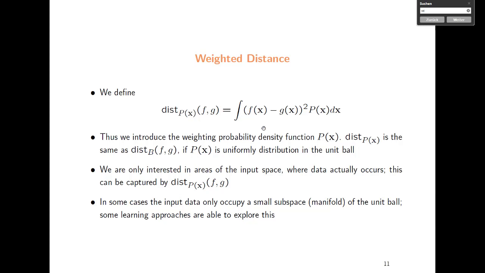And this can be an important difference, because P of x might be really odd-shaped. We saw this example with the manifold. So if the data is on a manifold in training and in test, then the relevant P of x can be very non-trivial. And this will become important again when we talk about learning with manifolds.